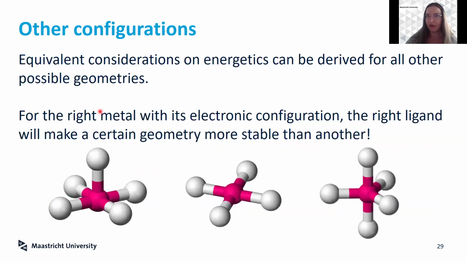Remember that we only covered tetrahedral and octahedral as the most fundamental arrangement, but there are other geometries, and we've seen complexes that follow a different geometry. So for the right metal in the right electronic configuration and the right ligand, some of these geometries might be preferred actually in comparison to tetrahedral or octahedral.